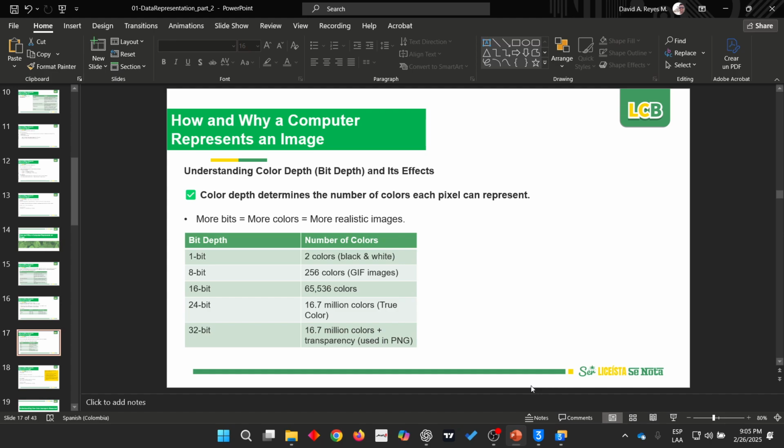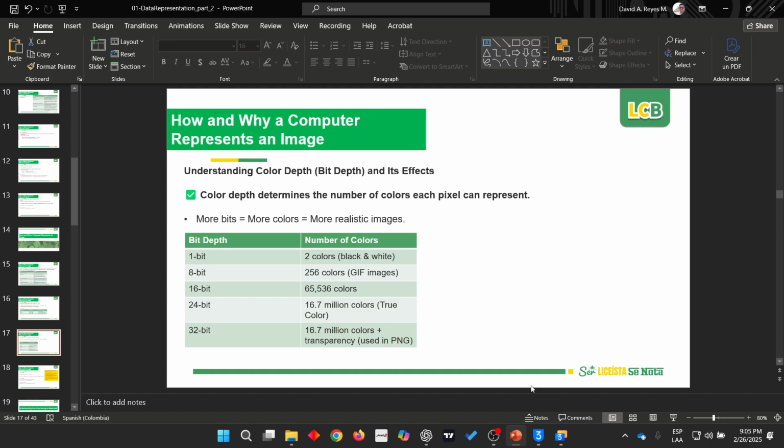If you're using 24 bits, that means you are using 16.7 million colors, true colors, real colors. If you are using 32 bits, that means you are using 16.7 million colors plus, in addition, transparency, and that is used in PNG files.